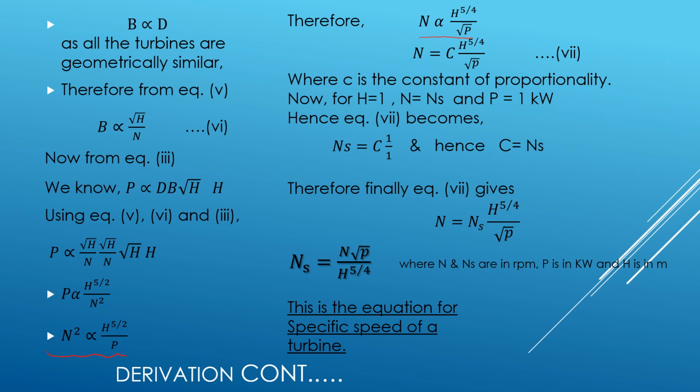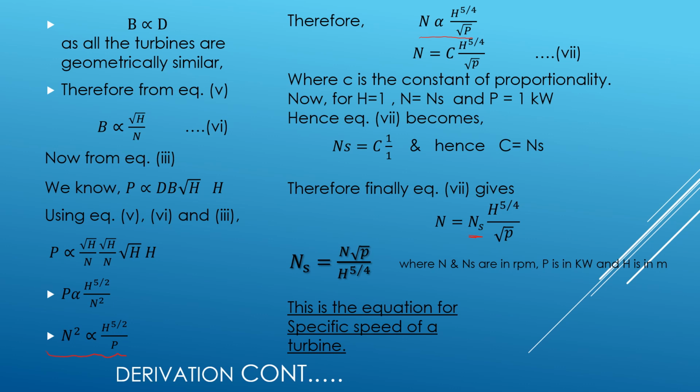Hence, I'll replace N as Ns, C as it is, H is 1, P is 1. So we get C equal to Ns. Therefore, finally equation 7 gives N equal to Ns into H to the power 5 by 4 by root P. But we want the equation for Ns, so we can write Ns equal to N into root P upon H to the power 5 by 4.